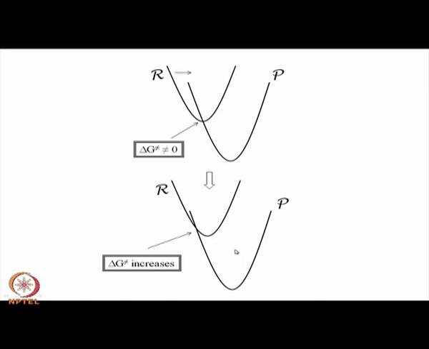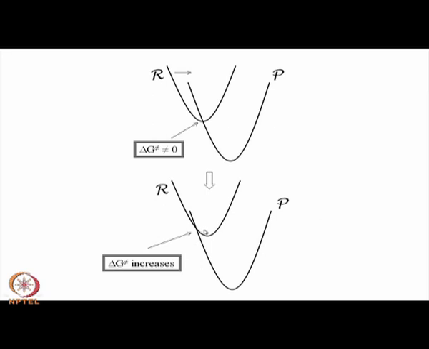So, diagrammatically it is very clear that on this side delta G 0 was reducing, but here when we are shifting this way, although we are increasing delta G 0, delta G double dagger is not 0, it has got some barrier height.